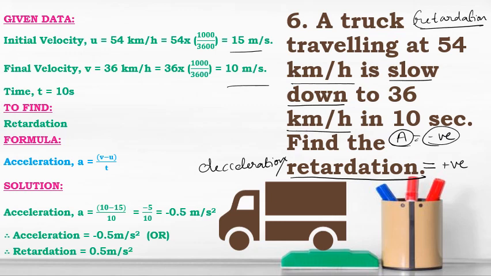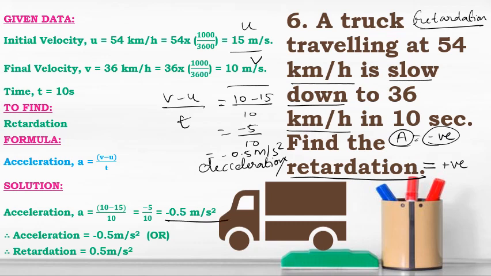But remember, here this is my u and this is my v. So v minus u by t will be 10 minus 15 by 10, which is minus 5 by 10, which is minus 0.5 meter per second square. So if you write the answer as acceleration, you have to mention the negative sign.